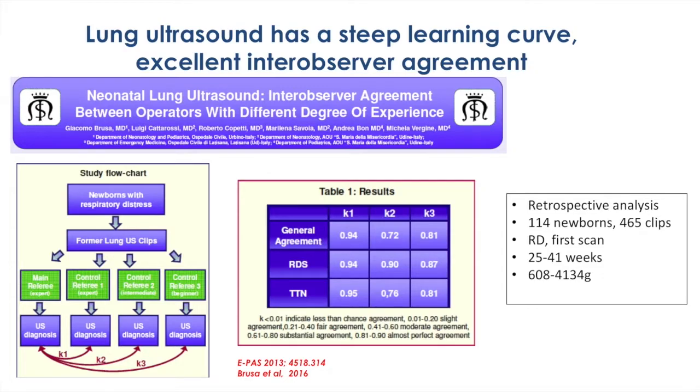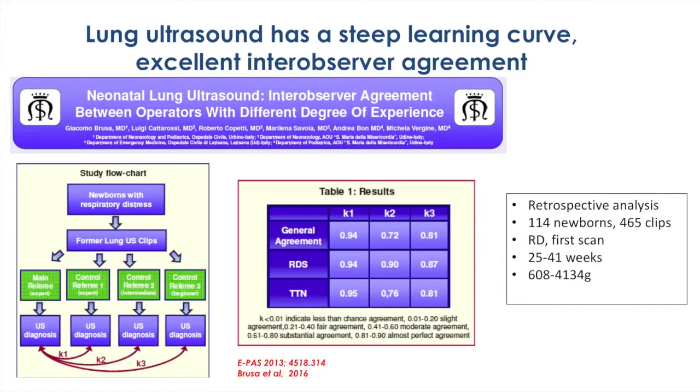The beginner was a third-year pediatric resident who had no clinical experience in the neonatal intensive care unit. He was trained by the same lung sonography program as the intermediate, but had never performed lung sonography on his own.